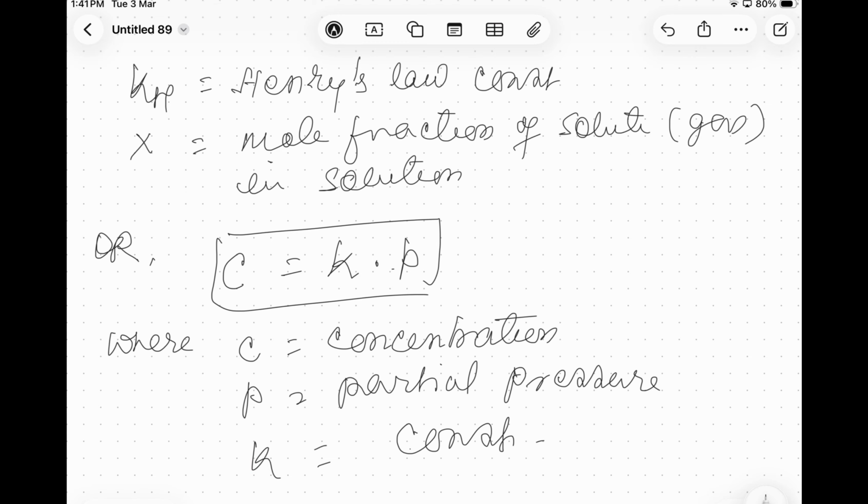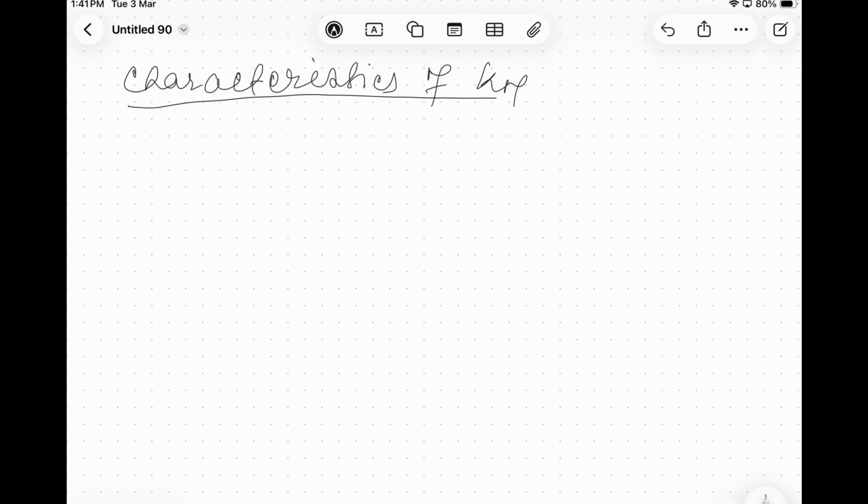So from equation 1 we shall discuss the characteristics of KH, that is Henry law constant.